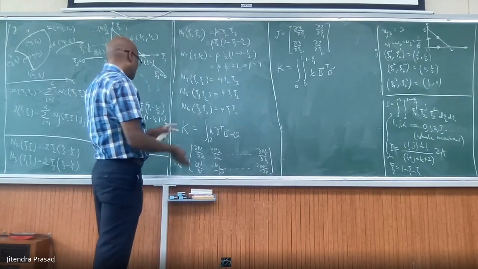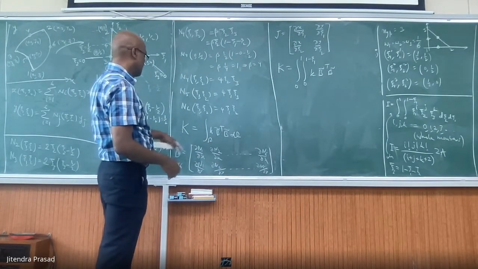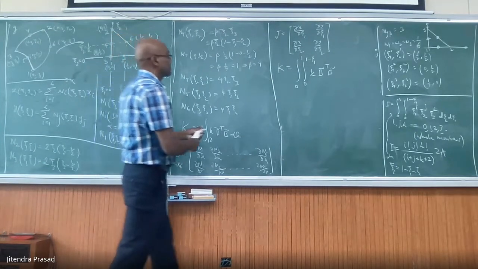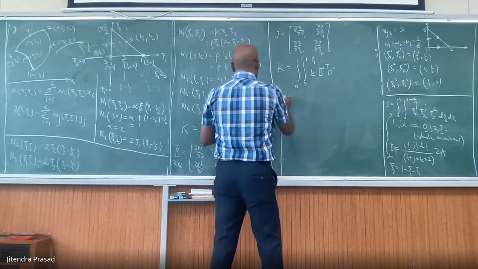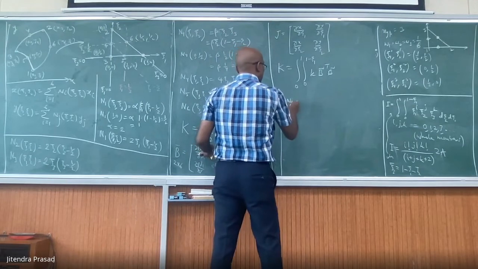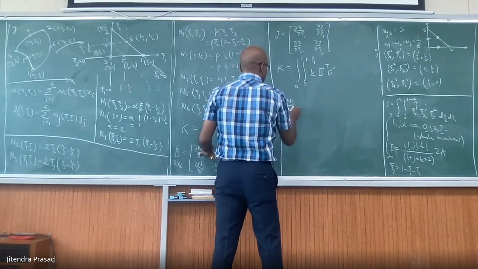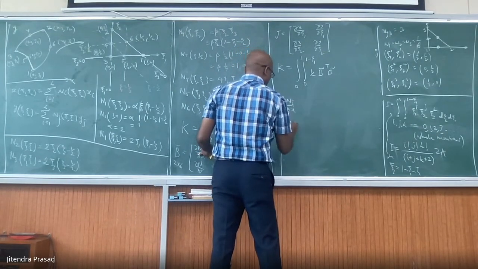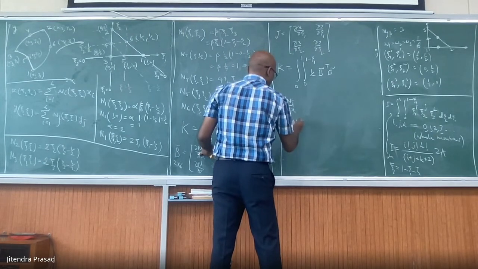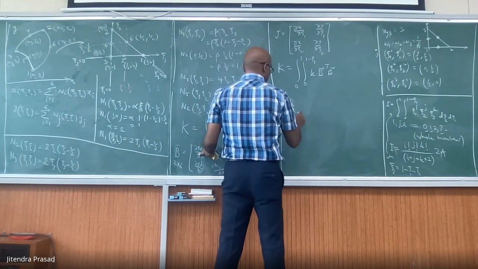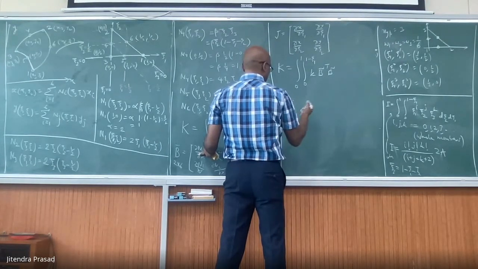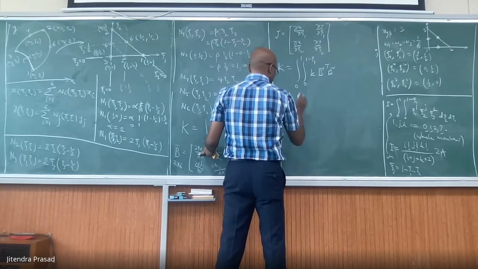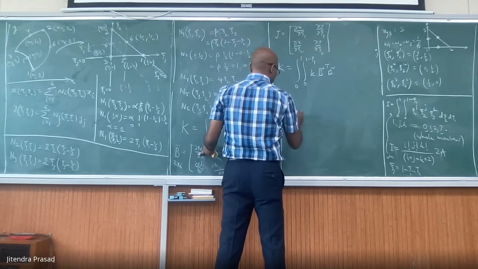Remember the original equation: ni over nx, del ni over del x, del n, you can write like that.